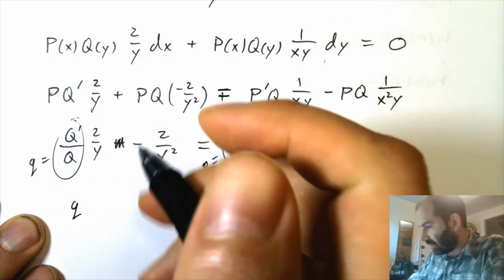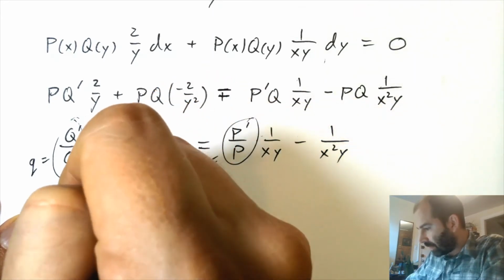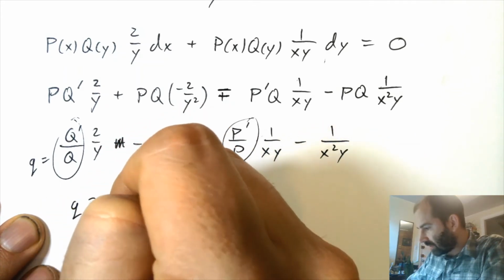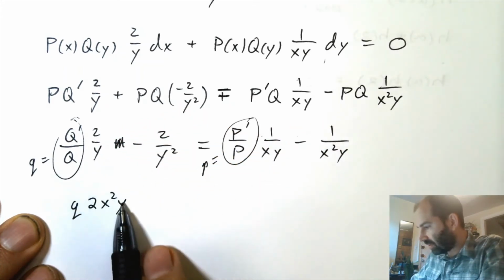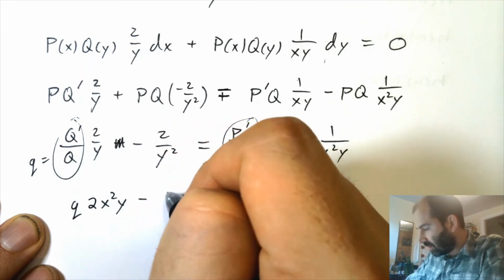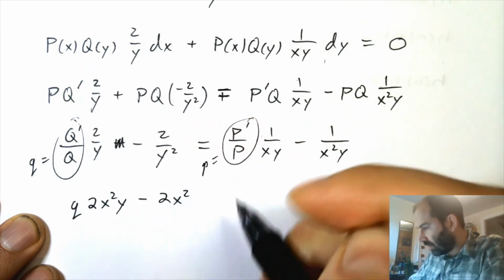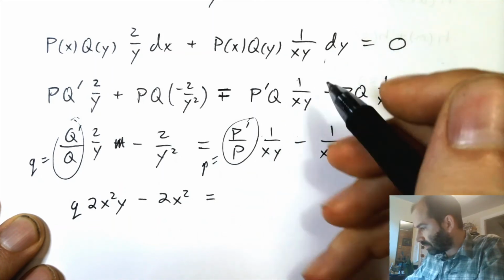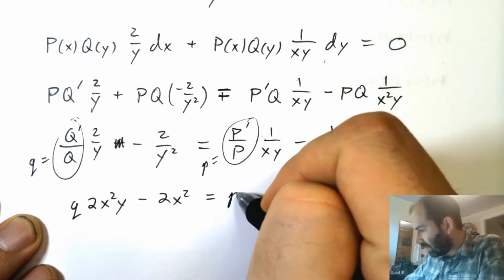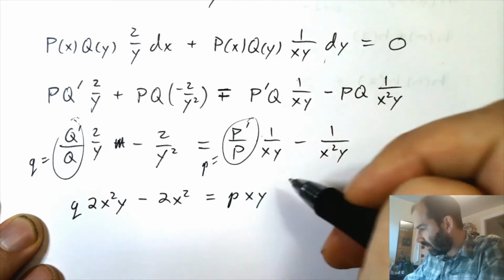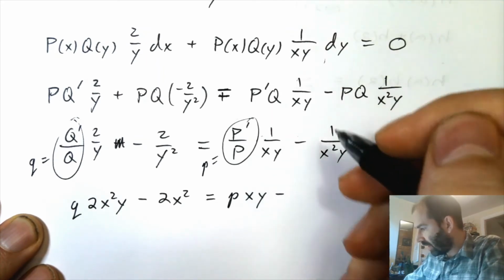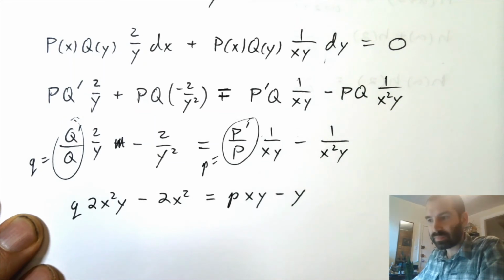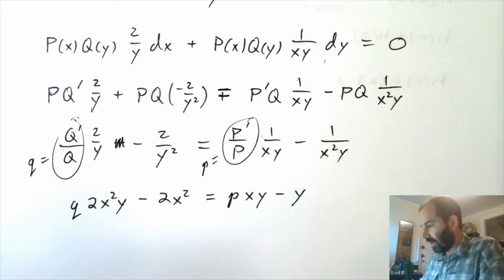So we get lowercase q times 2 x squared y, because one of the y's cancels. Here the y squared cancels. Here I'm going to have p x y, and here the x squared cancels, leaving us with just a y. So this is what I get.